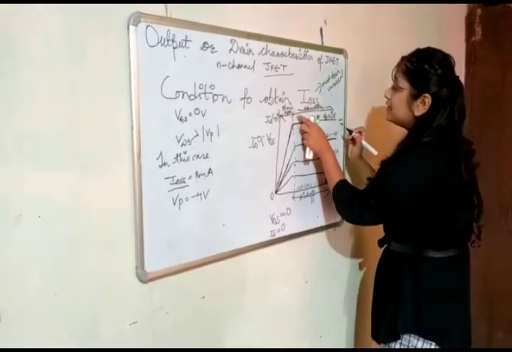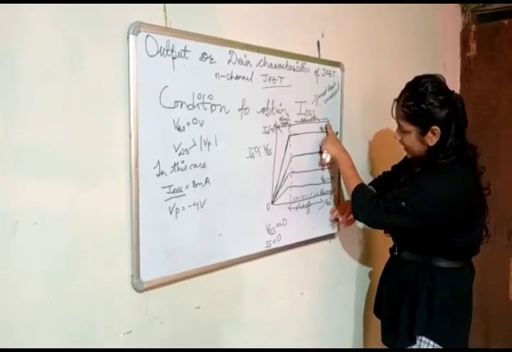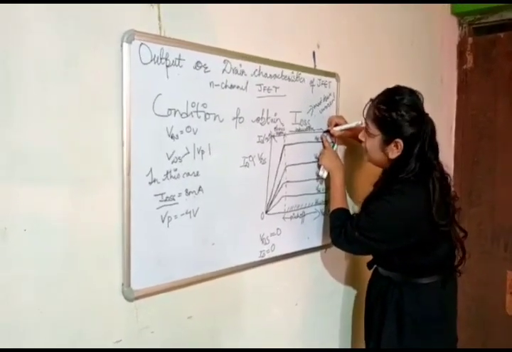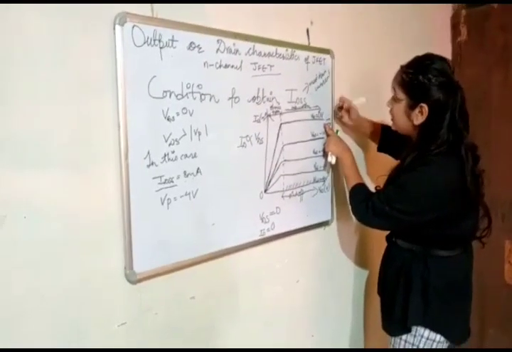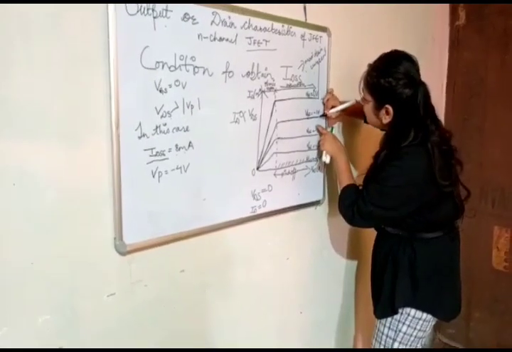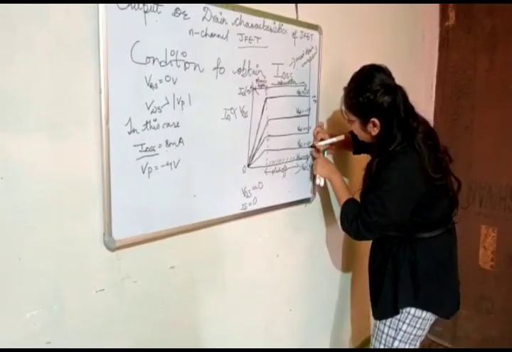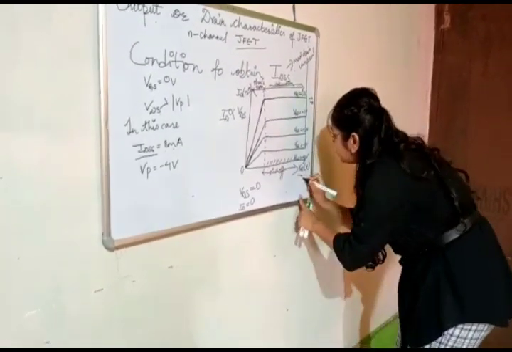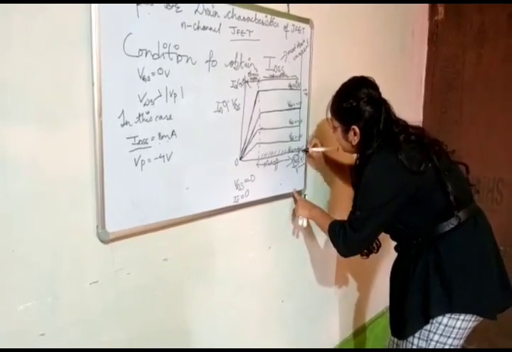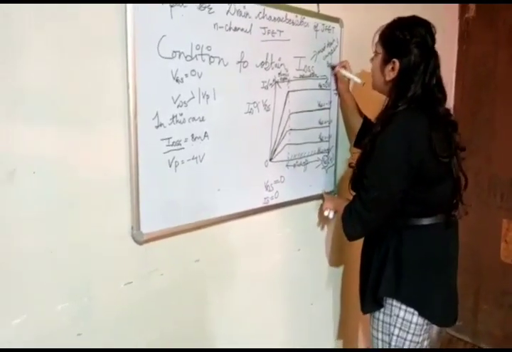In the saturation region, if we keep increasing the voltage VDS, then after a certain point there will be a sudden breakdown in the current. This is due to the maximum voltage VDS applied, and this is our breakdown region.